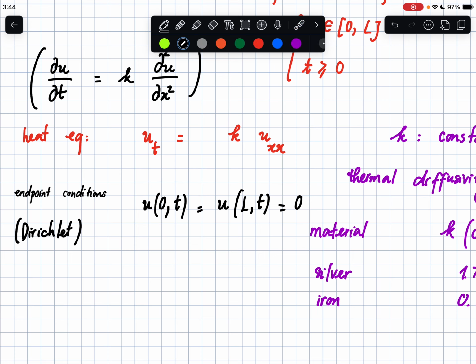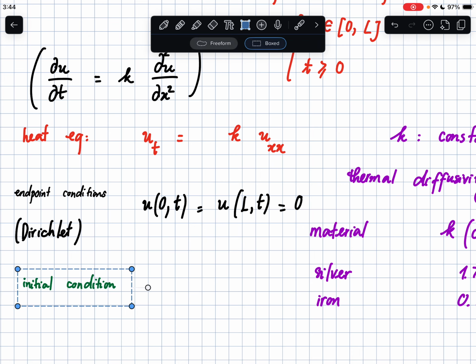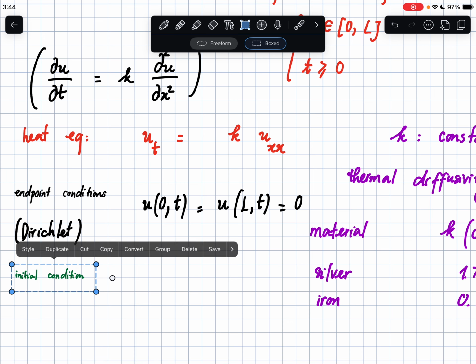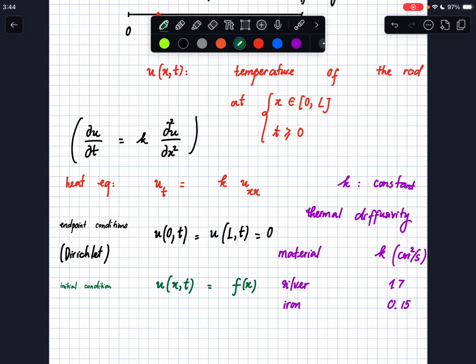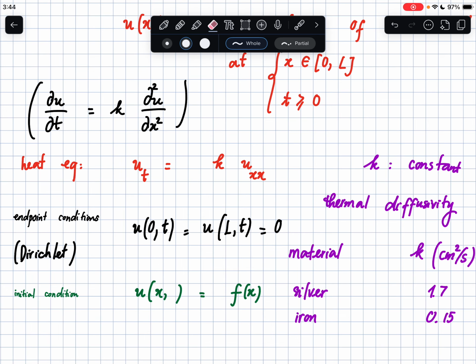And the last condition will be the initial condition. This condition says that at time t equal to 0, u(x,0) is f of x.